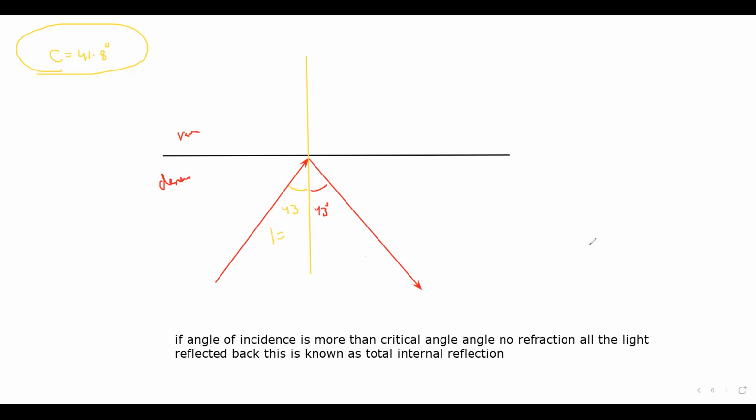Another example. If a ray of light is passing through a semicircular block exactly perpendicular, it will not change direction, no change in direction at all. If it is making a certain angle with the normal, then there will be a change in direction.